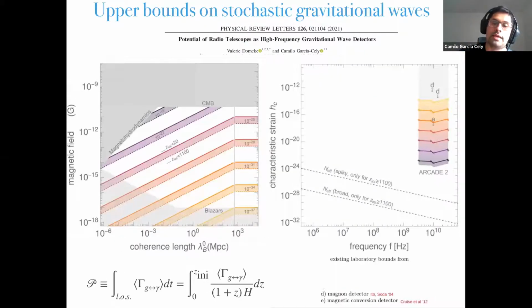So then, since the effect is proportional to this P, we can just put a constraint on the characteristic strain of the gravitational waves as a function of the frequency. And this is what is done here.